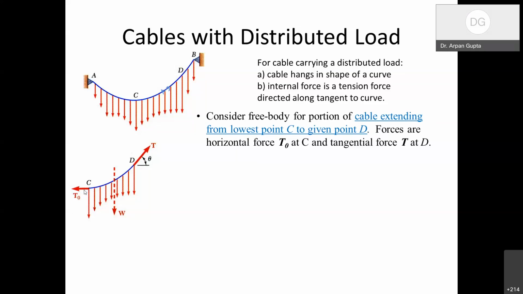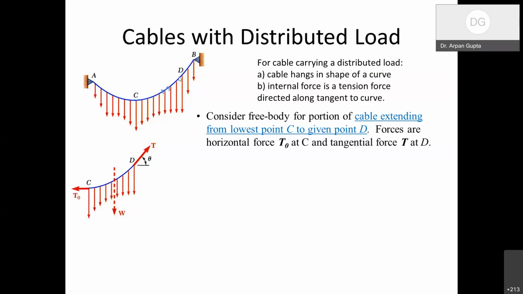Also, as we have seen in the previous case, the horizontal component of tension is going to remain constant. So at point C, there is no vertical tension. Therefore, we represent this horizontal tension as a value called T naught, because that's going to be constant.